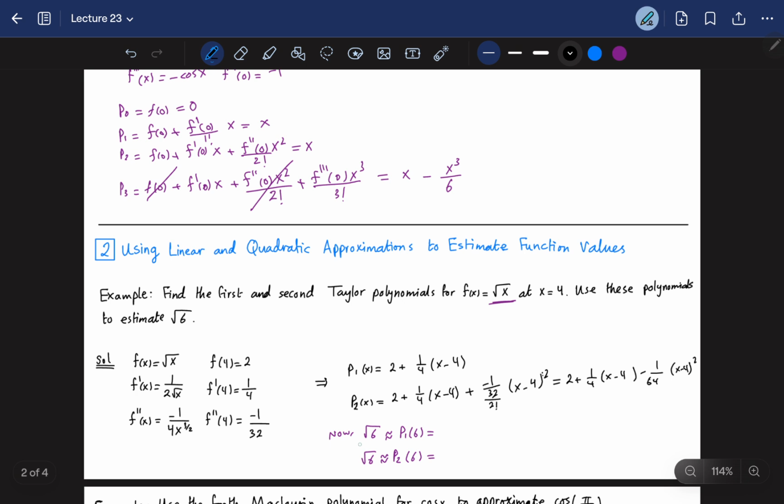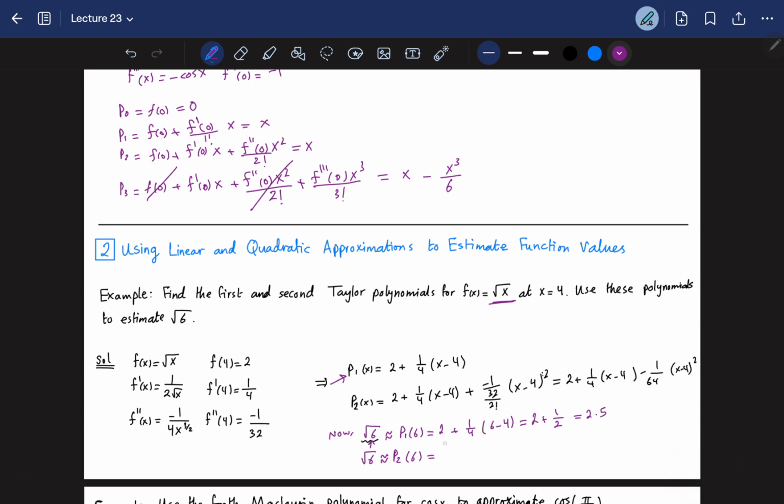Now to estimate the radical here, we're just going to plug in the value 6 inside of your polynomial. So if we want to approximate the radical 6 by the first Taylor polynomial, I'm just going to plug in 6 there. So that's 2 plus 1/4 times (6 minus 4). So that's 2 plus 1/2, which is equal to 2.5.